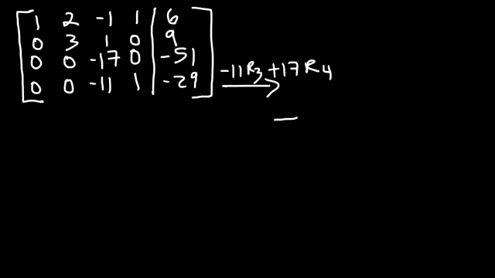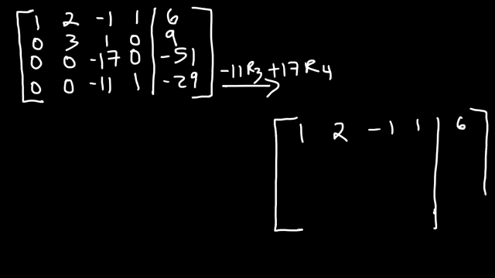So first, let's rewrite the new matrix. It's going to be 1, 2, negative 1, 1, and 6. The third row and the second row will be the same. But the last row will change.